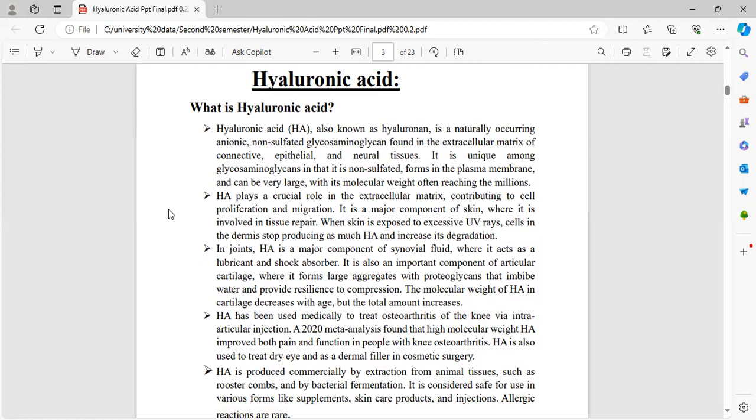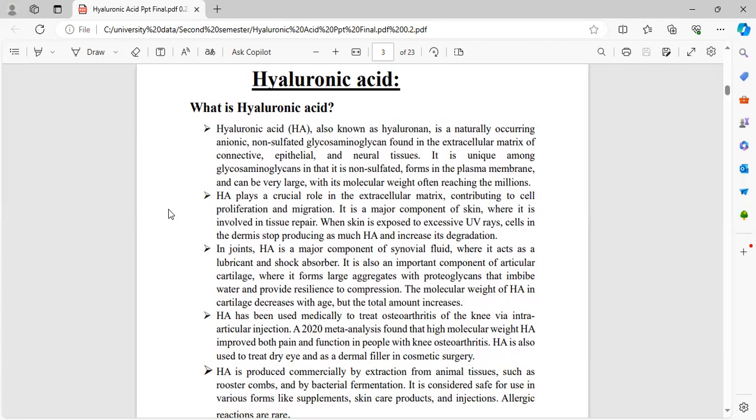It is also an important component of articular cartilage, where it forms large aggregates with proteoglycans that imbibe water and provide resilience to compression. The molecular weight of hyaluronic acid in cartilage decreases with age, but the total amount increases.